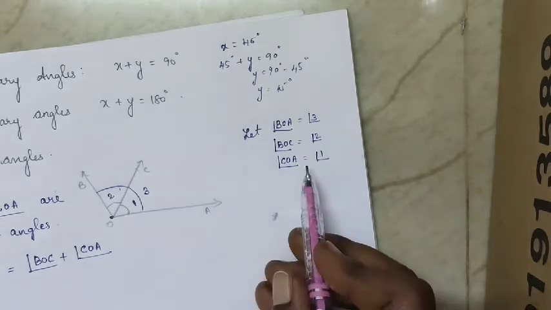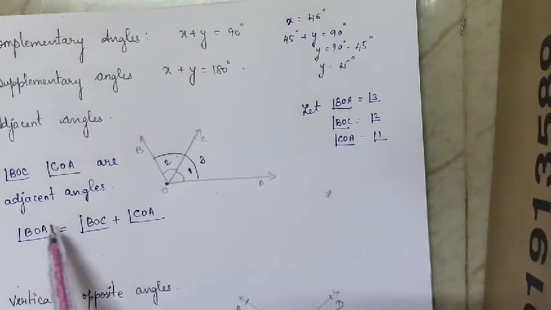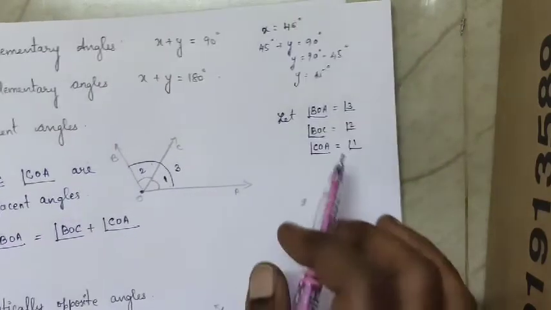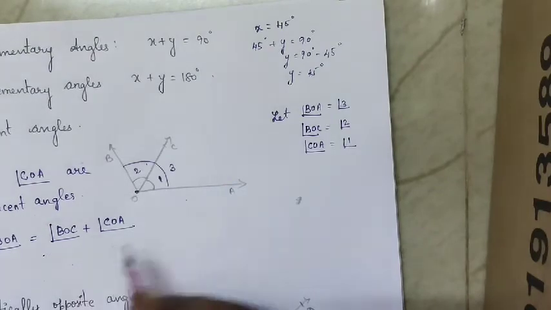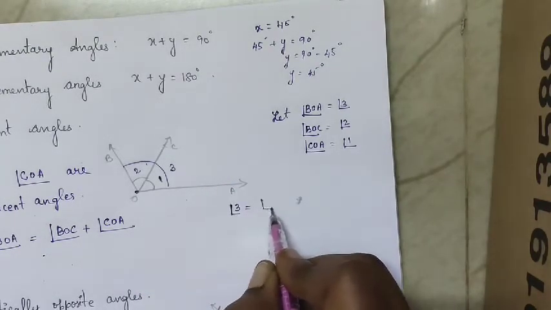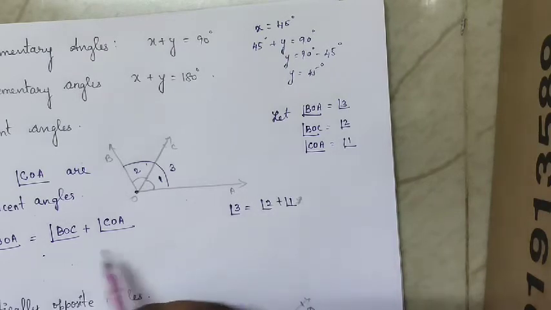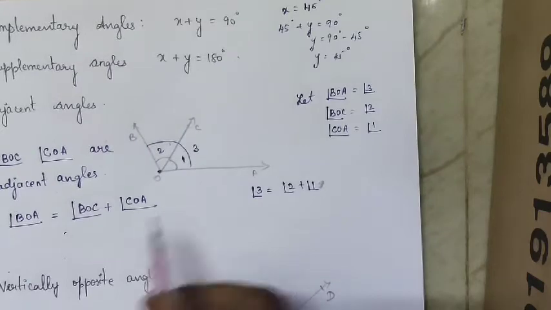If we have defined this first, then there is no need to write angle BOA, BOC, COA every time. We can just represent them by numbers. Now the same thing we can write as angle 3 is equal to angle 2 plus angle 1. This will be much easier than writing the other way.